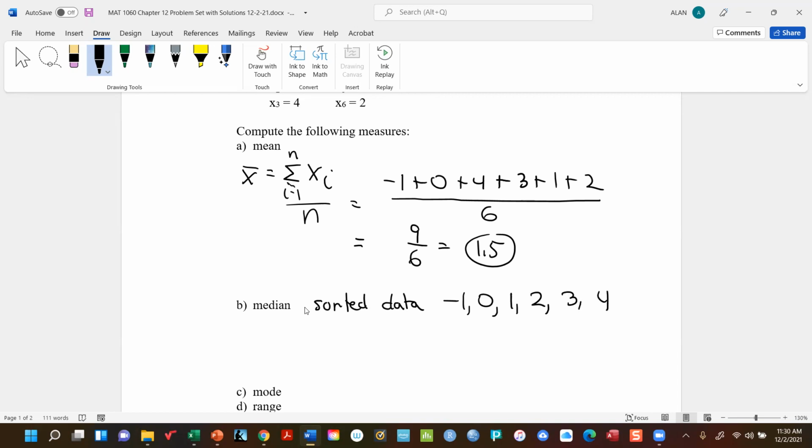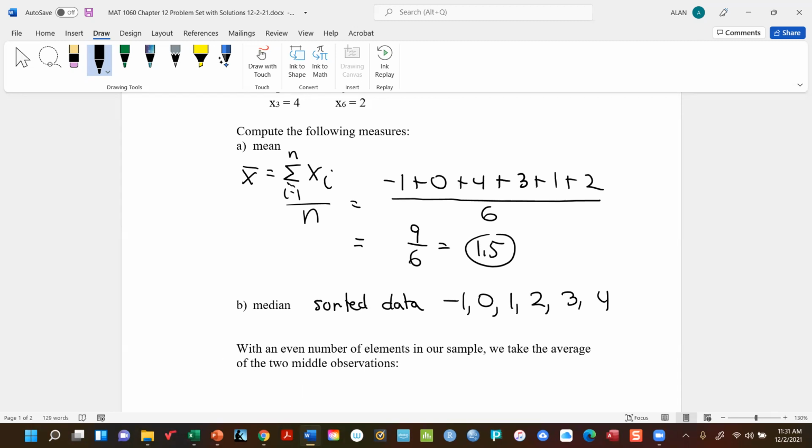Now we have an odd number of values. Sorry, an even number. If it was odd, it would be easier. With an even number of elements in our sample, we take the average of the 2 middle observations.